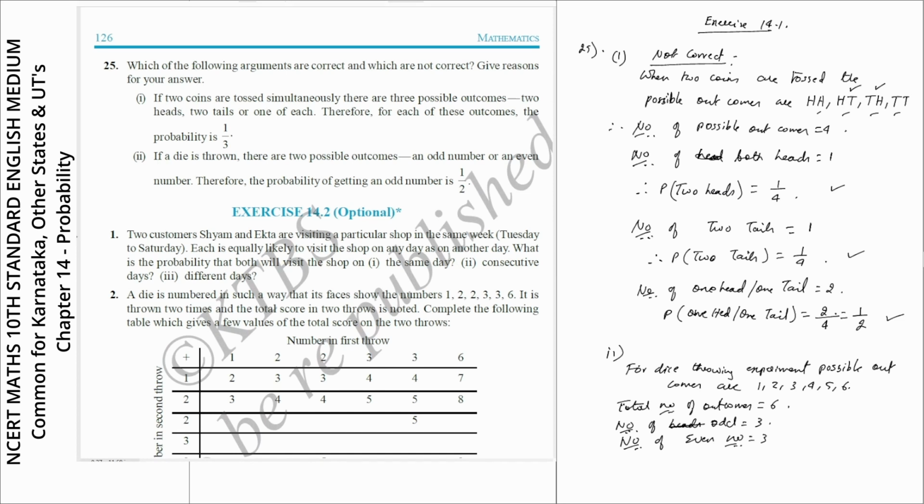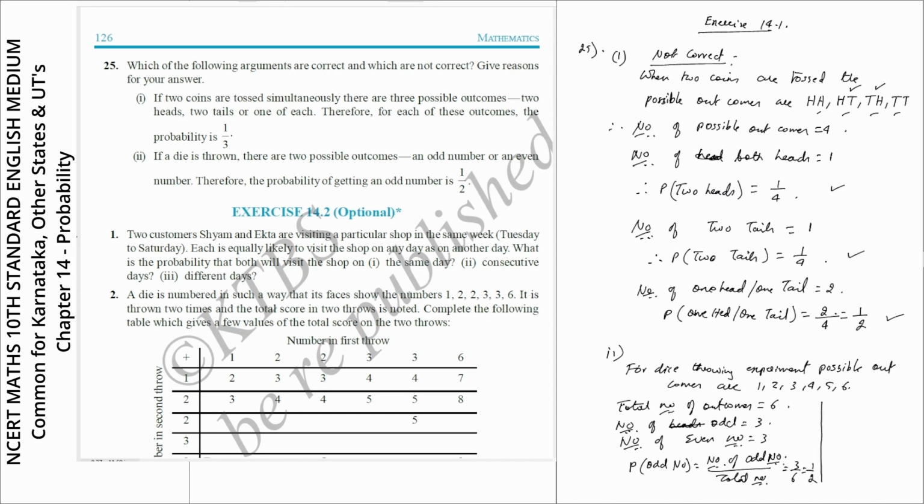What are the odd numbers? 1, 3 and 5 are the odd numbers, and the even numbers are 2, 4 and 6. Now what is the probability that I get an odd number? It's simple. The number of odd numbers divided by the total number. So this is equal to 3 by 6, which is equal to 1 by 2.